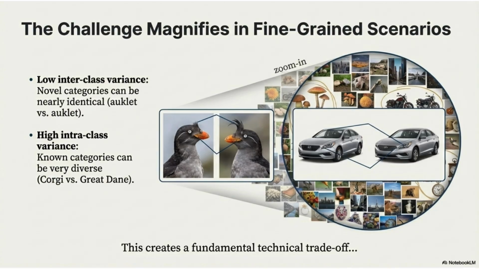High intraclass variance, conversely, means the same category can look very different. A Corgi and a Great Dane are both dogs, but they look nothing alike. This creates a confusing signal for the model. Should I group these together because they are both birds, or separate them because of the beak?